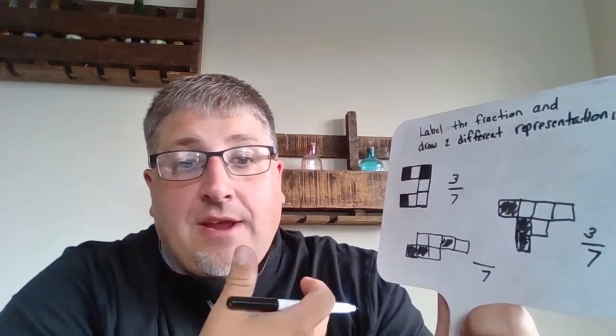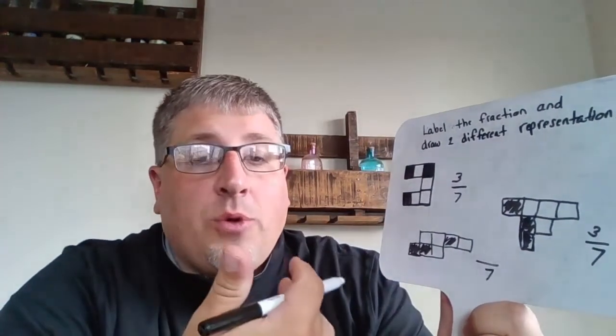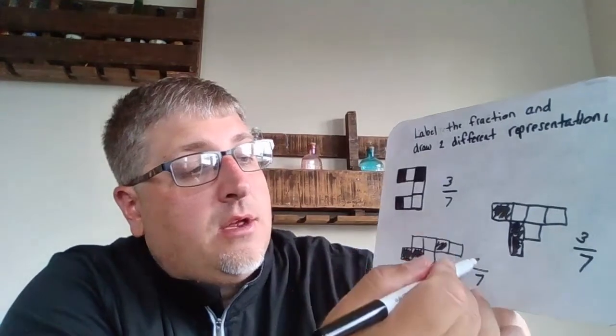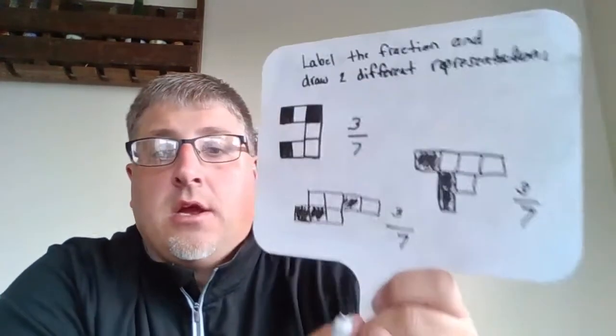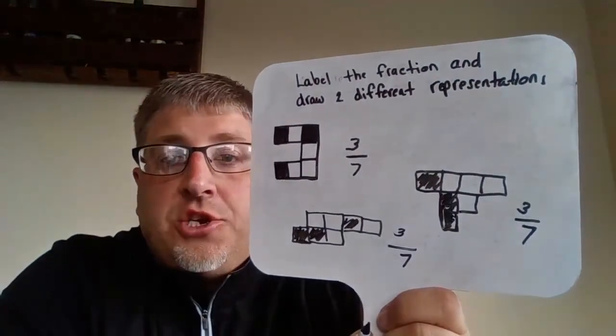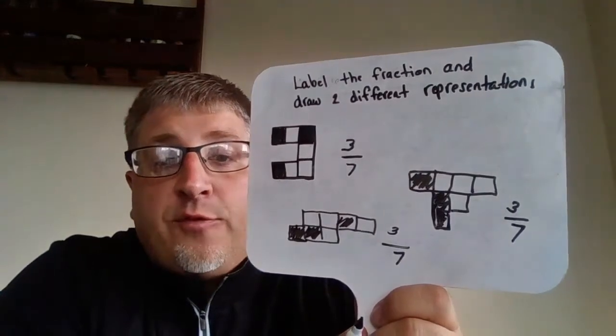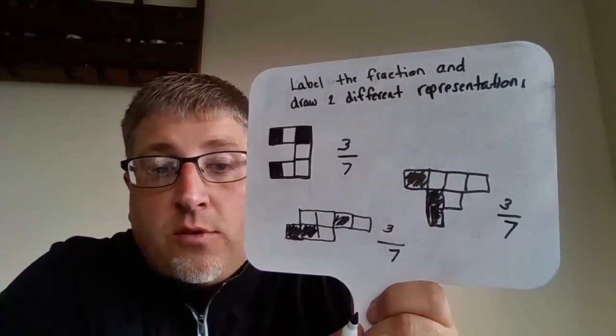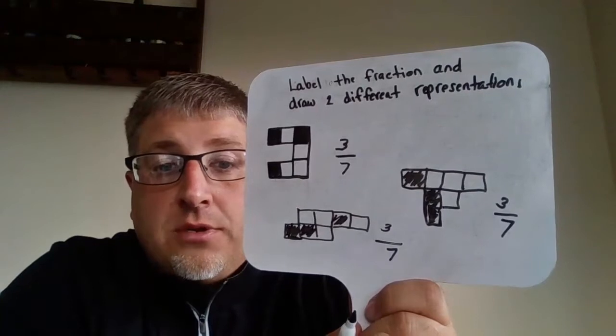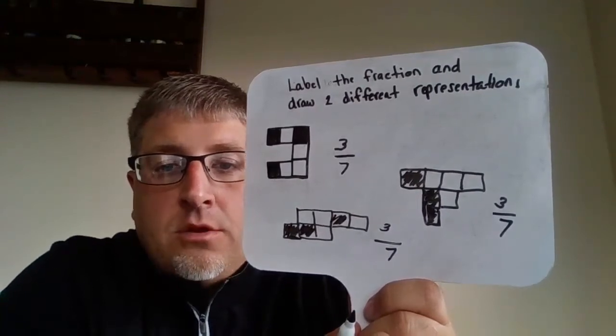And this is telling us we have to have 3 highlighted or 3 shaded areas. 1, 2, 3. That is correct. Okay? So take a look at that right there. That's just showing that we represented the fraction 3/7 in 3 different ways using our cubes. Okay? That's just what I'm looking for you to get the gist of, is understanding that we can do these and solve these problems in different ways. You just have to stick with what the guidelines were, and that was just following that fraction.